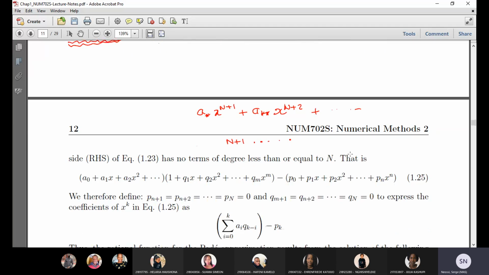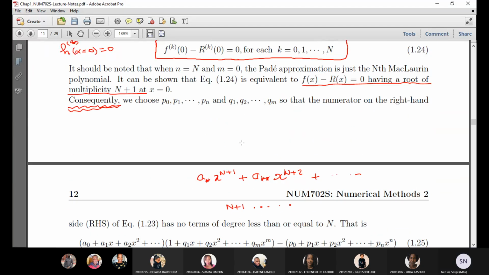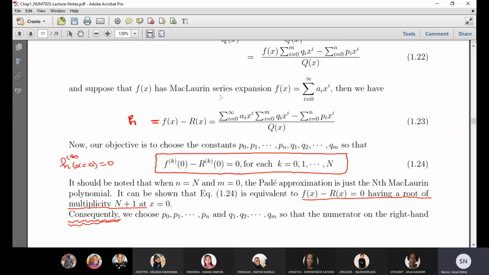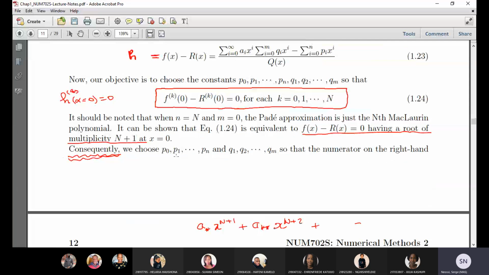Meaning that if we set the coefficients of this expansion, where k runs from 0 to n, to zero, it will give us a system of capital N plus 1 equations in capital N plus 1 unknowns. So it will be a linear system that we will be solving, and it will give us exactly this number of parameters. Remember that the total here is capital N plus 1 parameters.